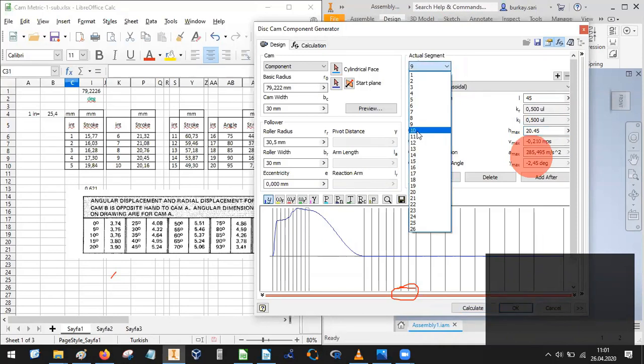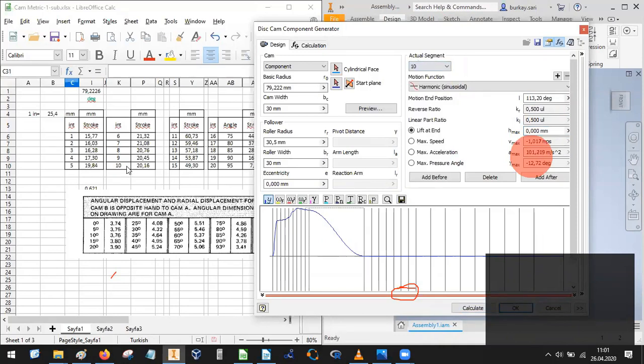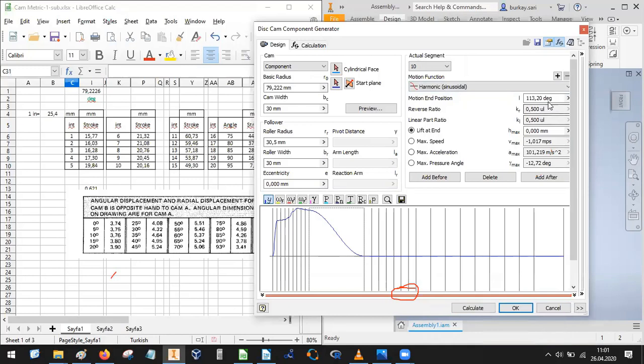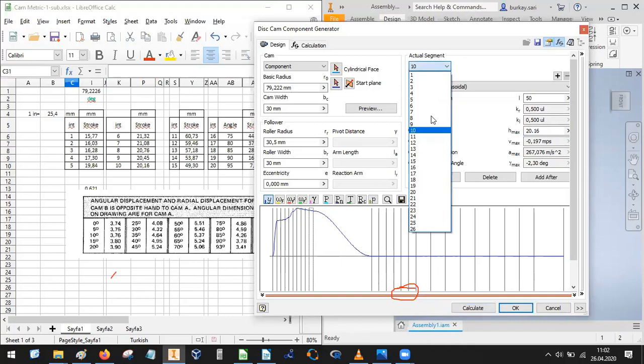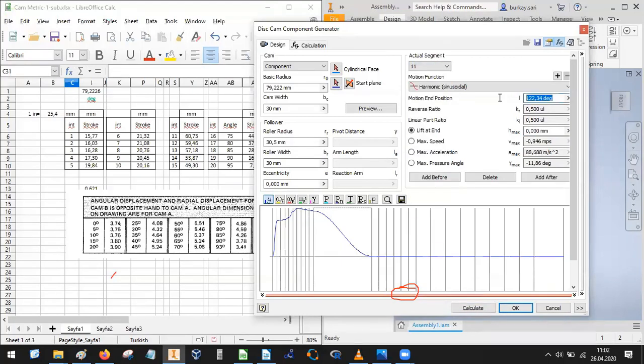The 10th one, 50, and it is ending at 20.60. Hit the calculate. For the 11th one, I will change my segment, which is this time.